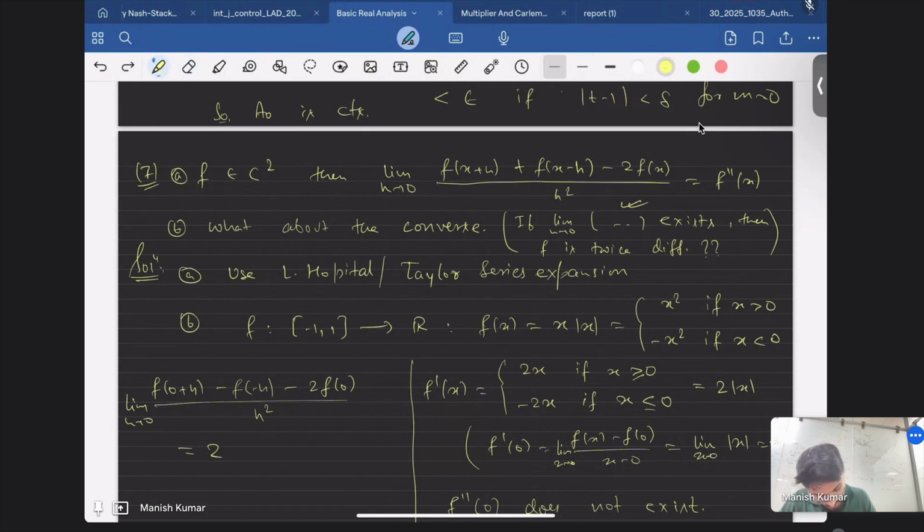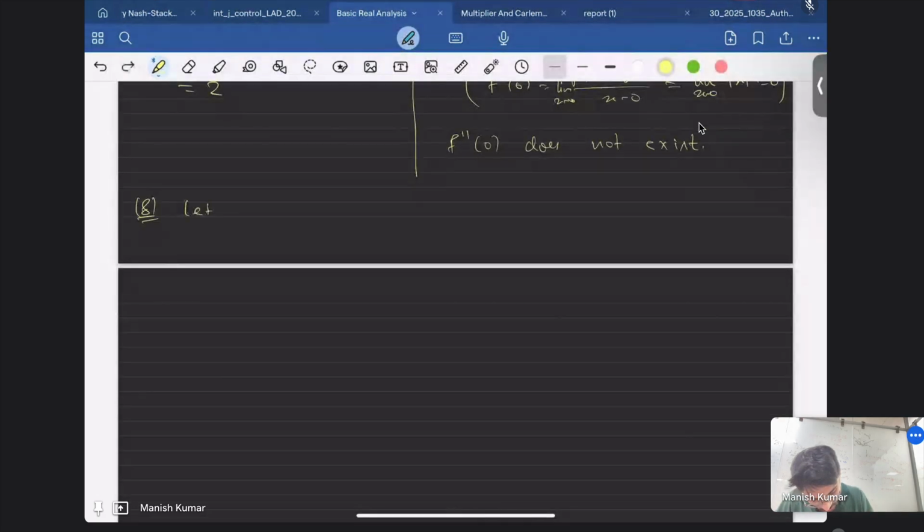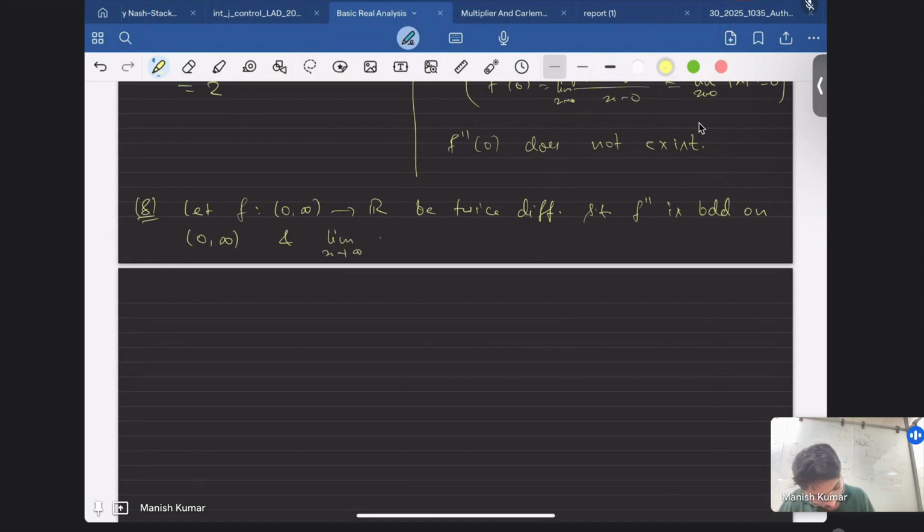Okay, so let's come to this problem. Here, let f be a function from 0 to infinity to R, twice differentiable, such that f double prime is bounded on 0 to infinity and the limit as x goes to infinity of f(x) is 0.